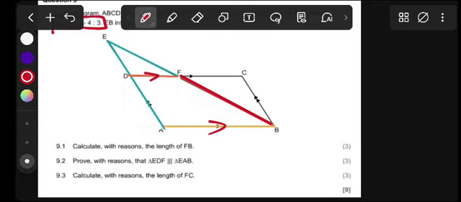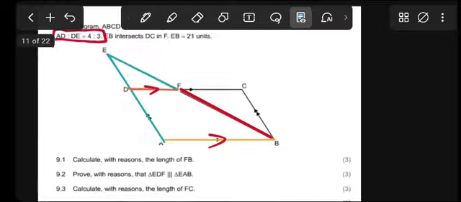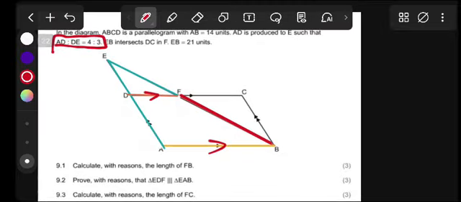So we have now here FE. Wait, FE is this one. How can I get FE?